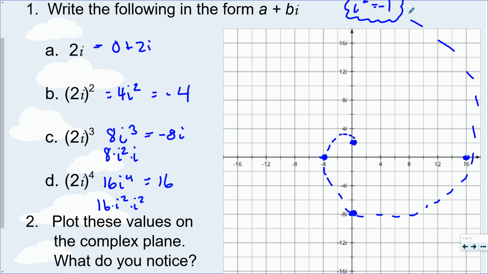It forces these numbers to behave differently than real numbers do. But that was part of the cool part of figuring all this out: what do these numbers do and how do they behave? And here's a great example. They form a spiral.